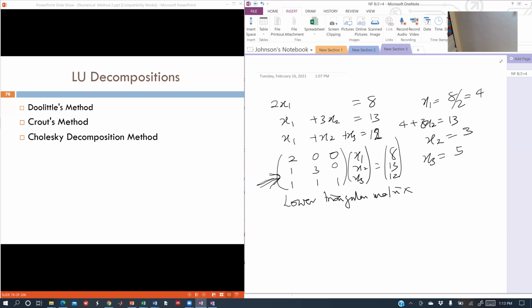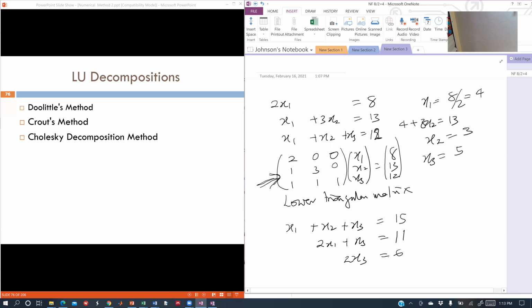In the same way, if you had a system that looks like this, let's say x1 plus x2 plus x3 is equal to 15, then 2x2 plus x3 is equal to, let's assume, 11, and then 2x3 is equal to 6.